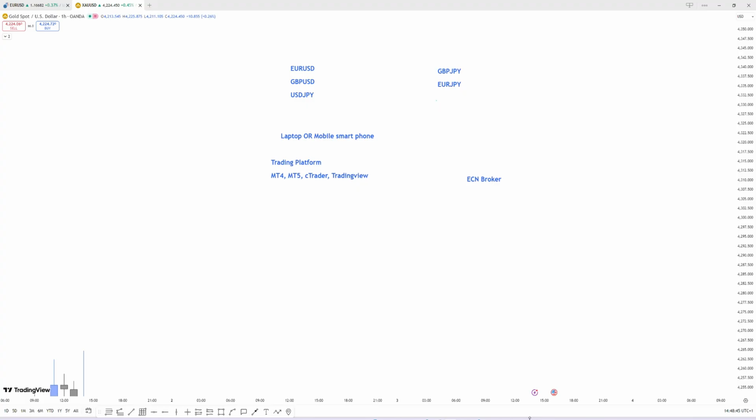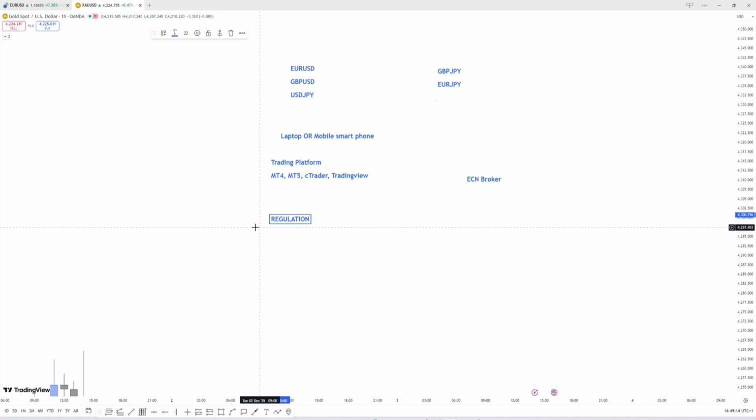So, let me give you the key things to look for in choosing a broker. Number one, regulation. Make sure the broker you're choosing is regulated, depending on your jurisdiction, where you come from, your location.